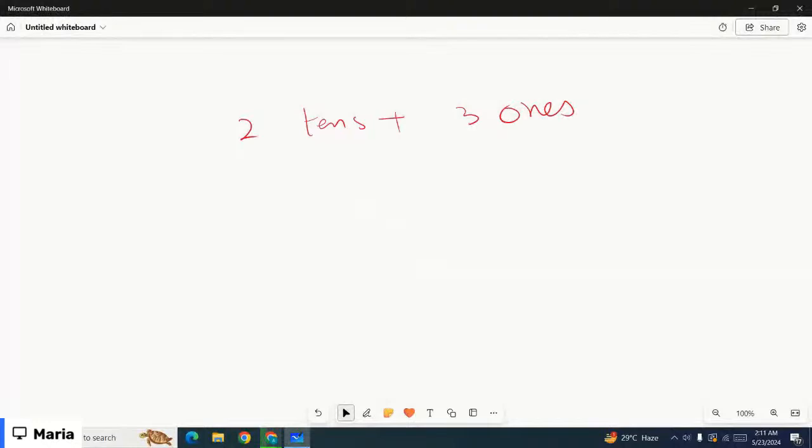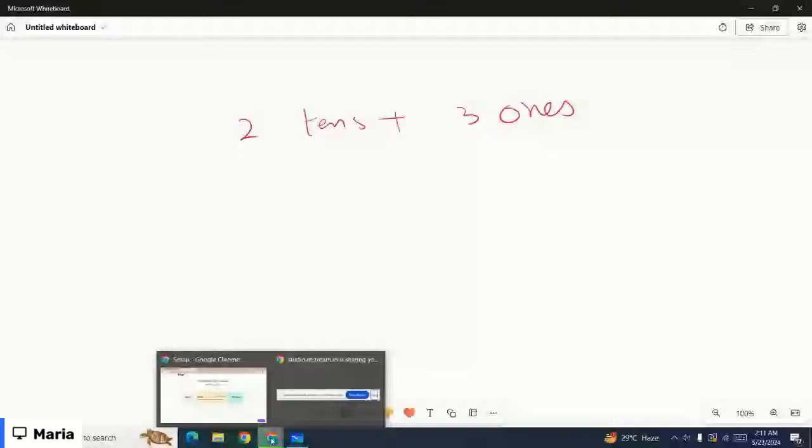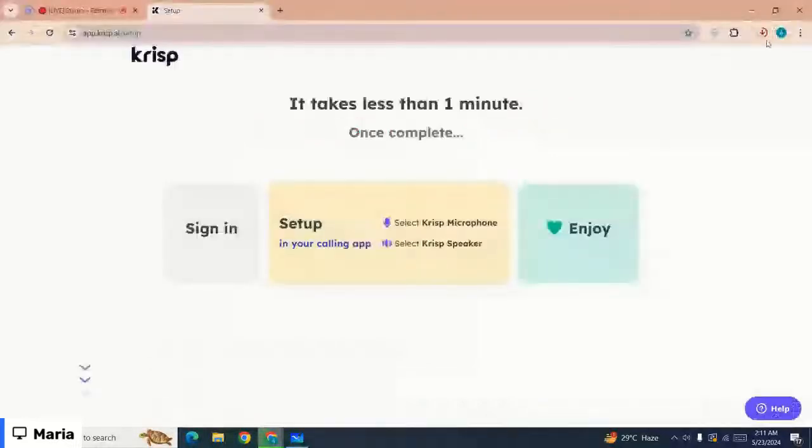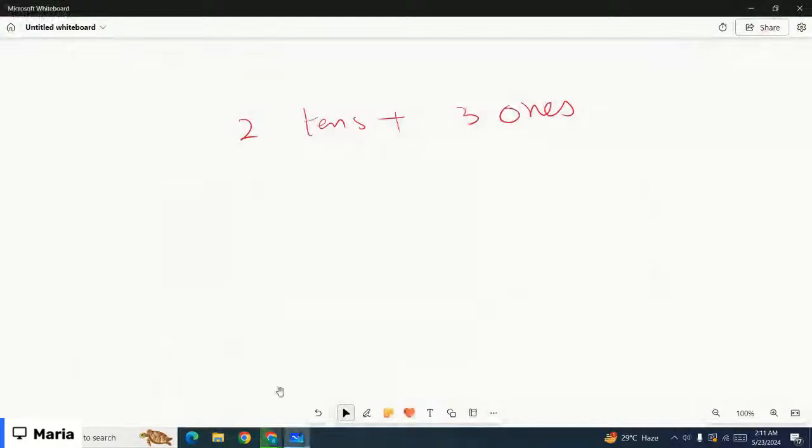Two tens and 3 ones. Which number do they make? Very good. The correct option is 23. The number they make is 23.